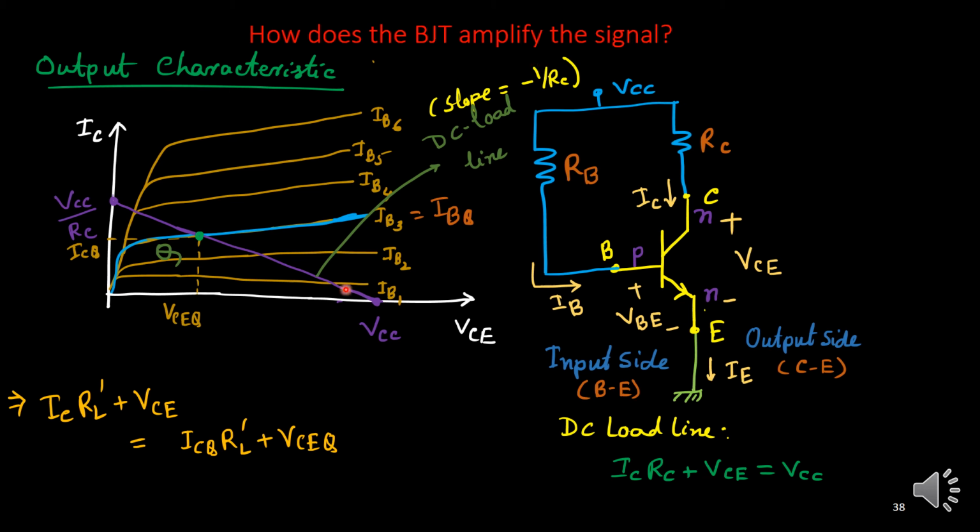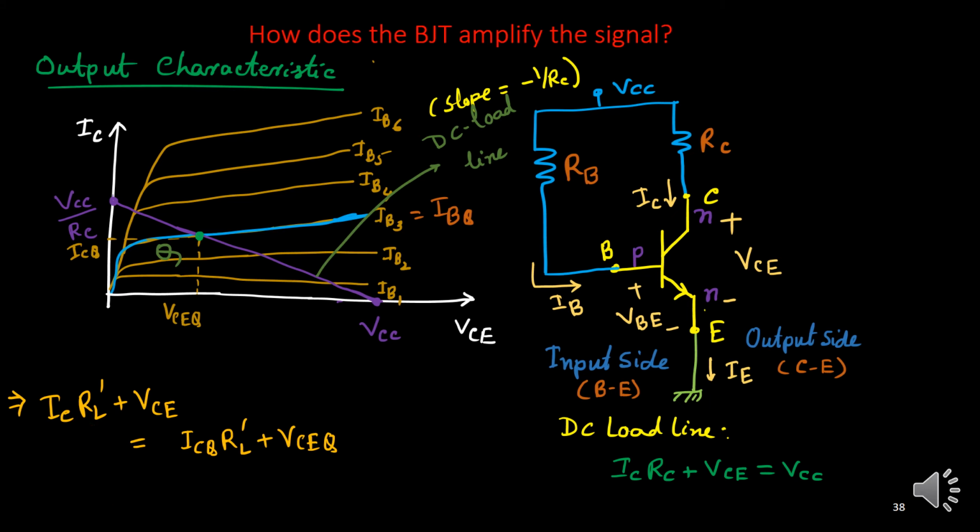So this is a negative slope, and its sharpness depends on the RC value, as I discussed. Now I want to draw the AC load line over this. As I said, the AC load line will again pass through the Q point, and its slope is minus 1 upon RL prime.